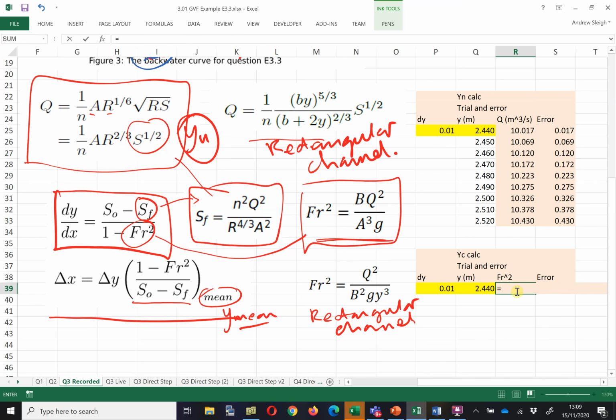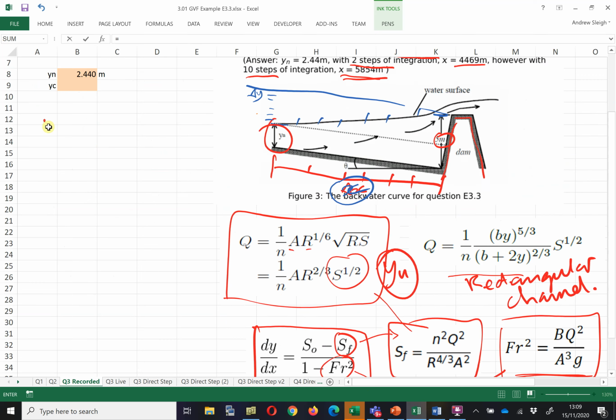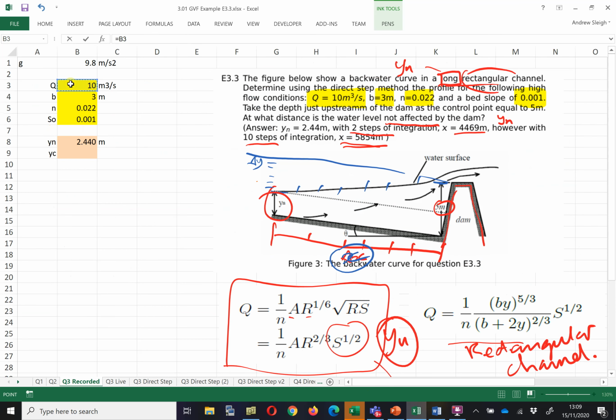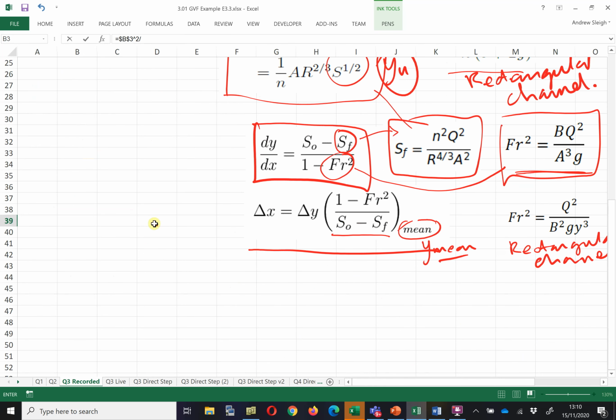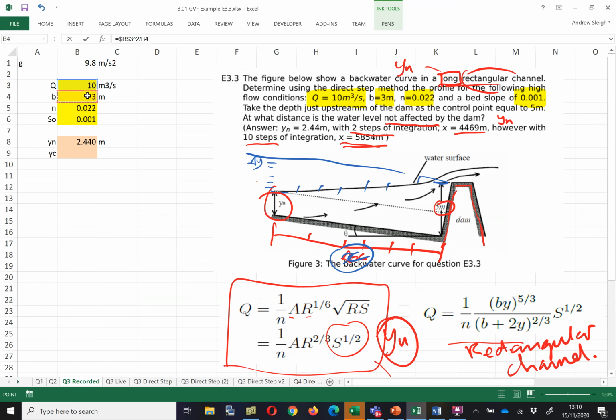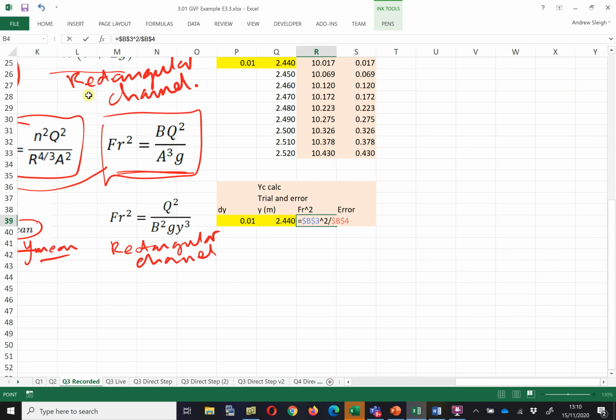So here, Q squared, which will be 10 fixed squared divided by B, which is 3 fixed squared, times G, and that's where I can put G in because it's on this worksheet.